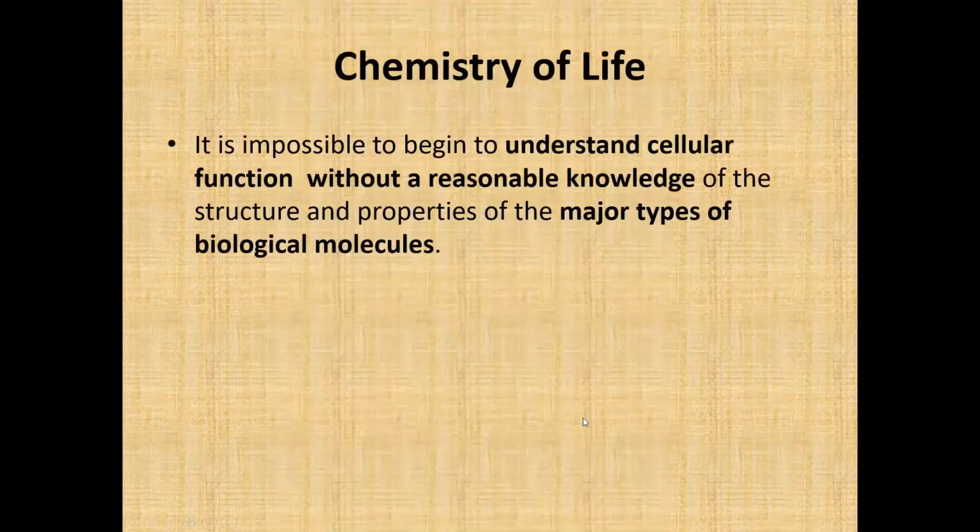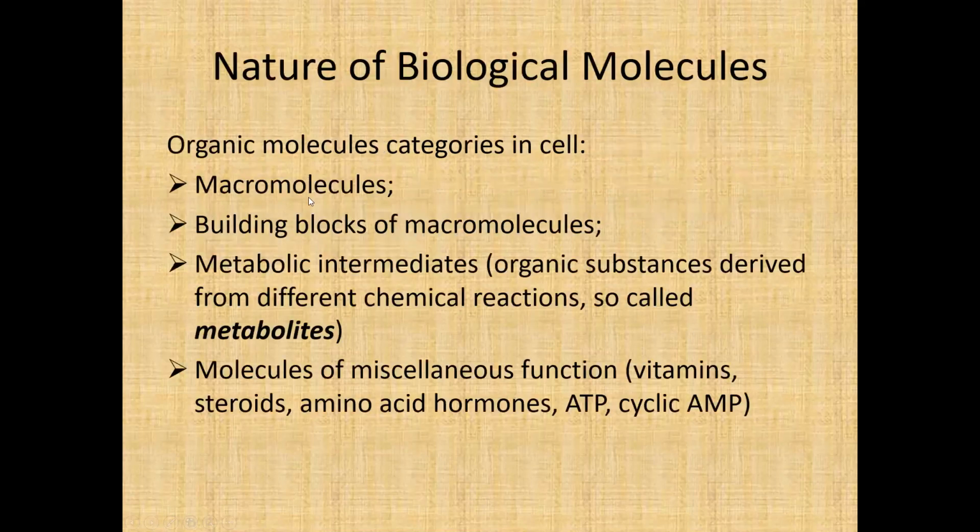Now about the second part of our lecture. This is the chemistry of life. It's impossible to begin understanding cellular function without a reasonable knowledge of the structure and properties of the major types of biological molecules. So let's describe which types of organic substances can be observed within the cell.